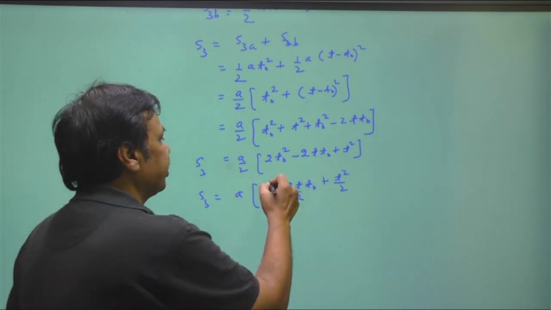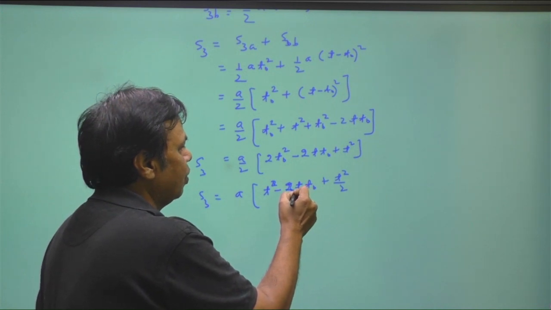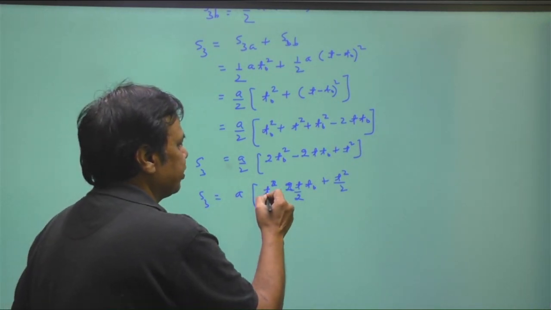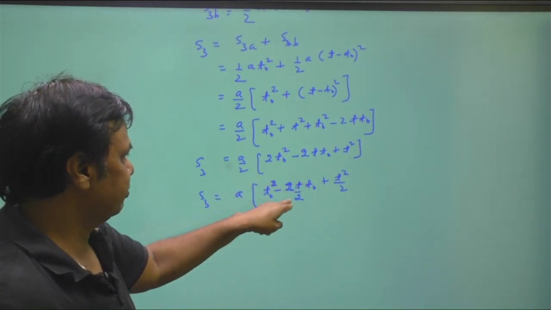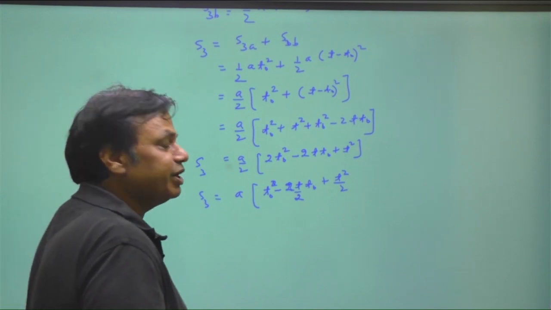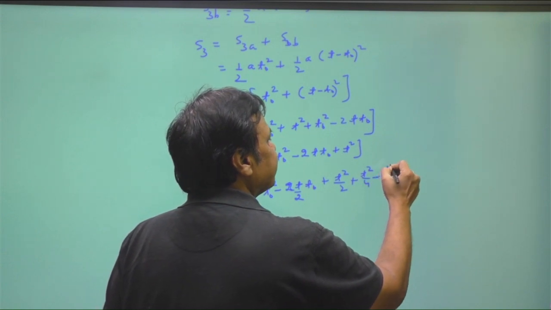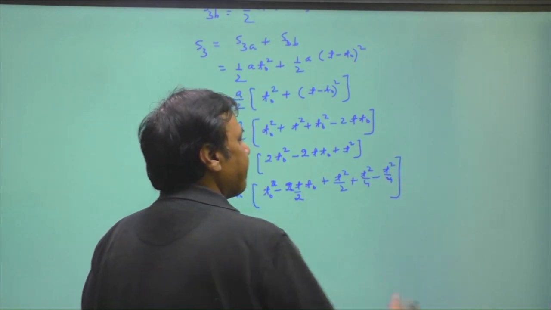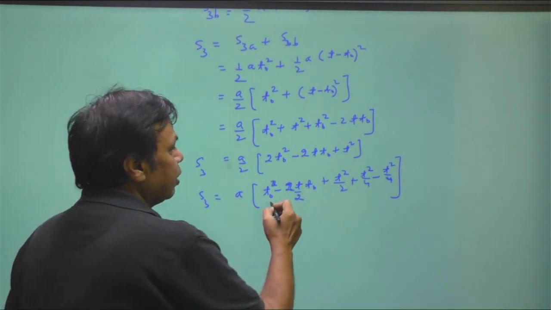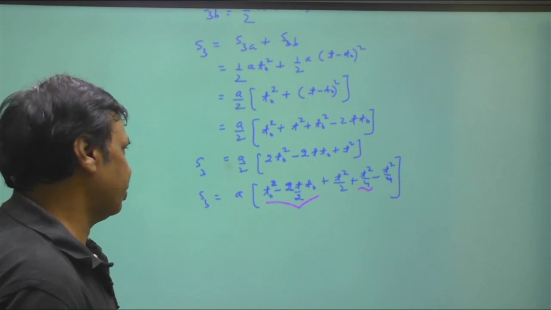So I can get a square minus 2ab, t naught square in fact, and now I need the b square, so I can write it as t square by 4 minus t square by 4, so that these two and this one will make a perfect square.